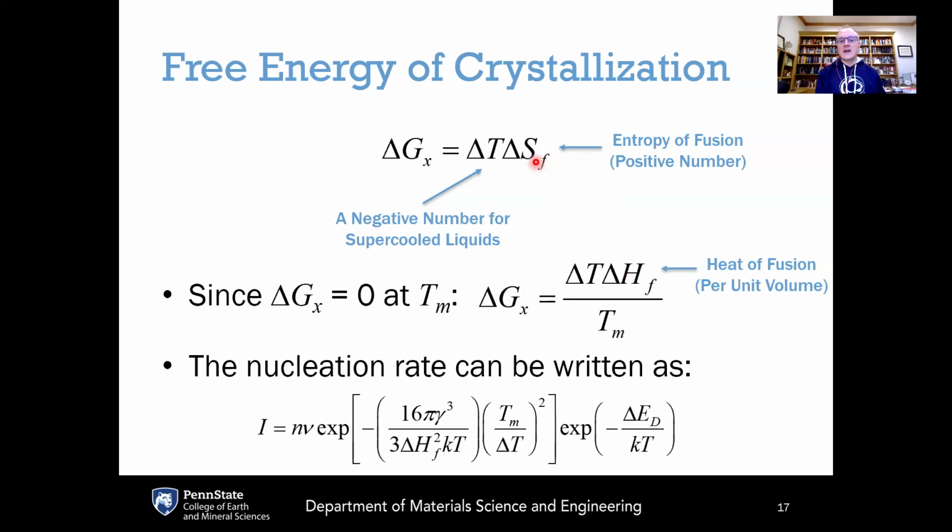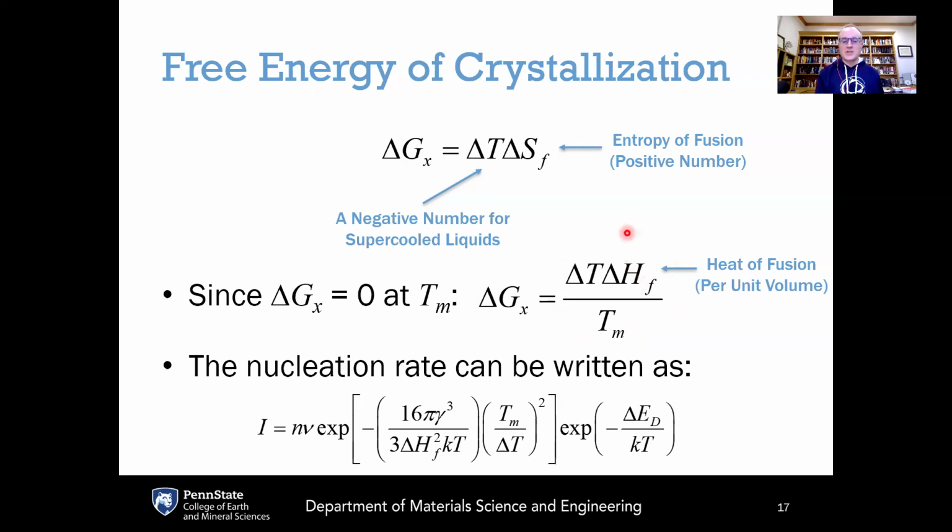And so this delta S sub F can be written as the delta H sub F over Tm, the melting temperature. So an approximation to this change of Gibbs free energy due to crystallization is delta T times the heat of fusion, delta H sub F, divided by the melting temperature, T sub m. And this assumption would be valid at temperatures that are near the melting temperature, Tm, where we've assumed that there's no temperature dependence to the delta H or the delta S.